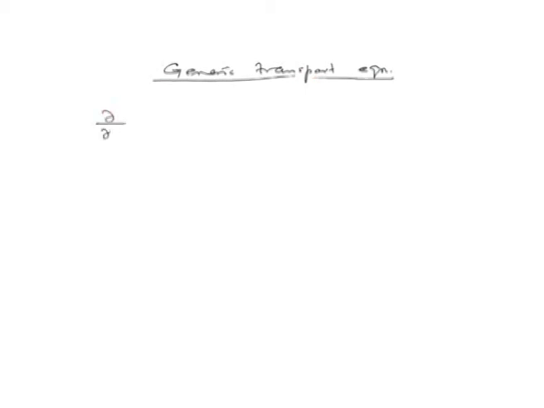So, del by del t of rho phi plus divergence of rho phi v is equal to divergence of q plus q dot phi. We can call it a generic transport equation only if it can be used for different conserved quantities.